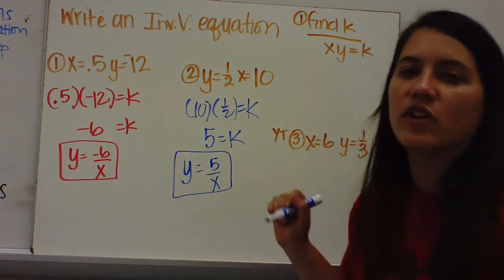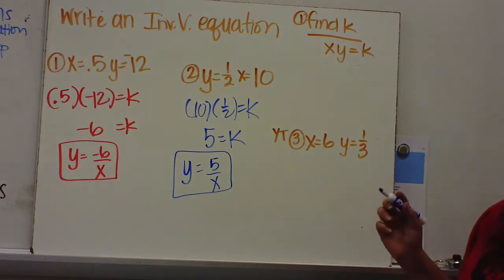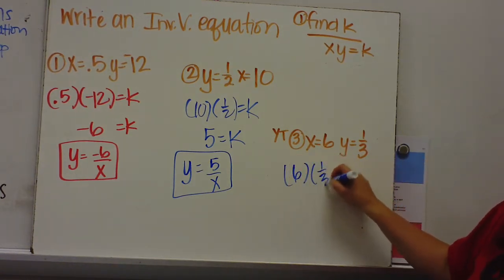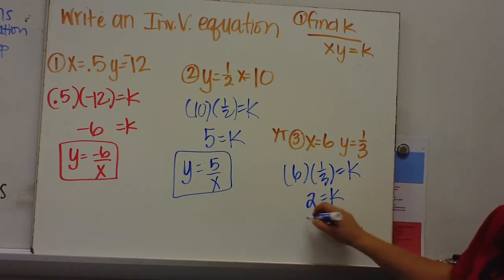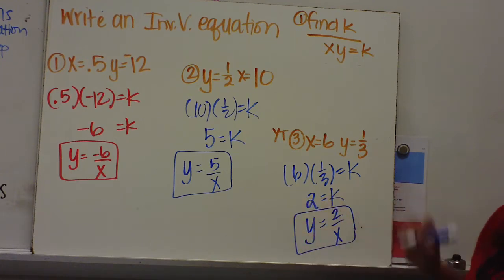So you try number 3, pause the video, and then press play. Check your work and see if you got y equals 2 over x. And if you did, then you got that one correct.